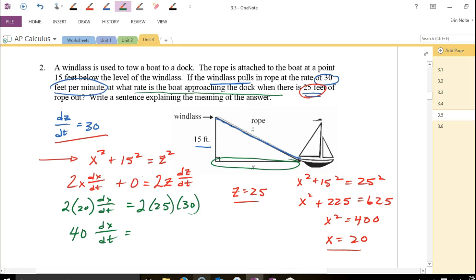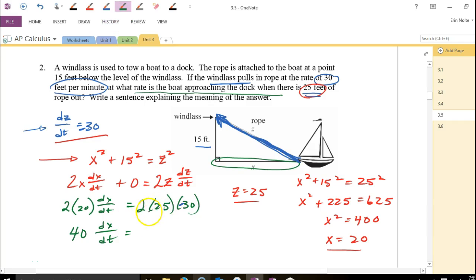Oh, here's a piece, and I totally almost forgot about this. If we talk about this change, the change is going in at a rate of 30. So what's happening to this length? Is it getting bigger or is it getting smaller? Okay, it's getting smaller. So this rate has to be a negative value. So I need to put that in as a negative.